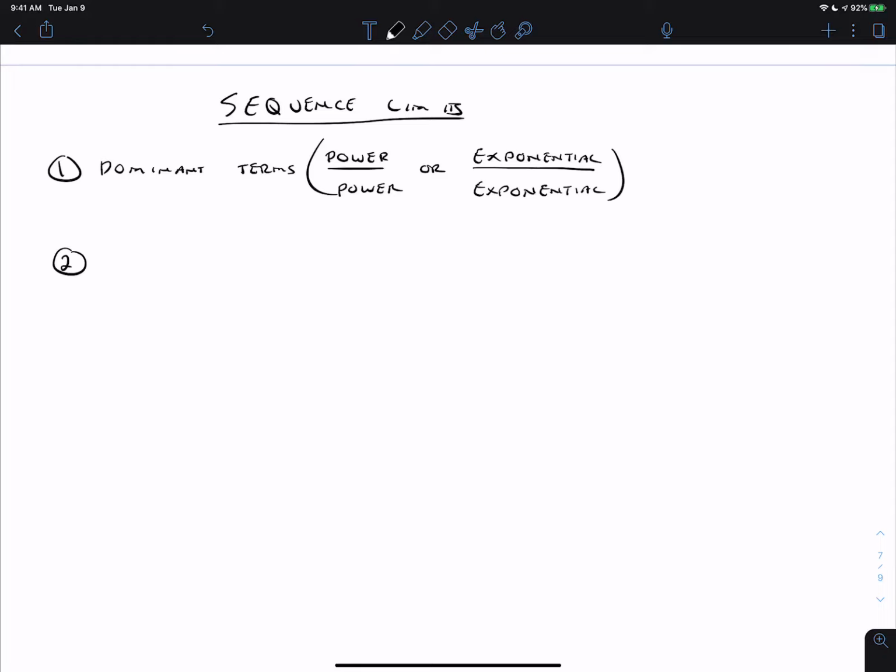In the second video on sequence limits, we talked about the squeeze theorem. We also talked about the absolute value of a_n. We know that if the absolute value goes to 0, the original sequence goes to 0.